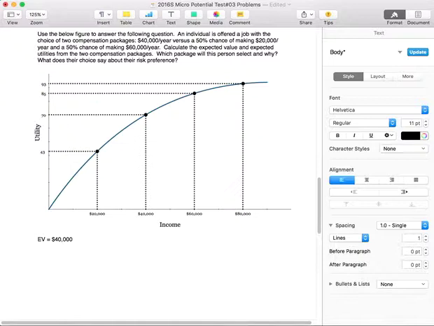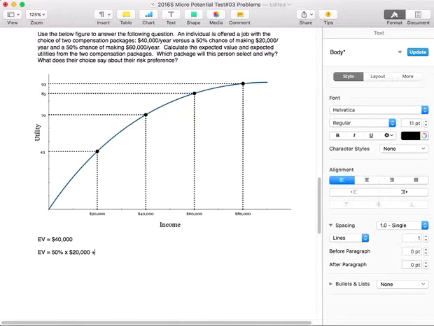Now for the other one, we have to weight the outcomes and the payoffs by the probabilities that they occur. So we know that they have a 50% chance of making $20,000 a year. So their expected value is going to be that probability, 50%, multiplied by the $20,000.